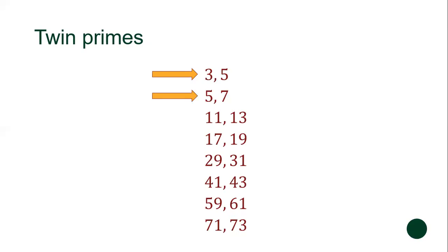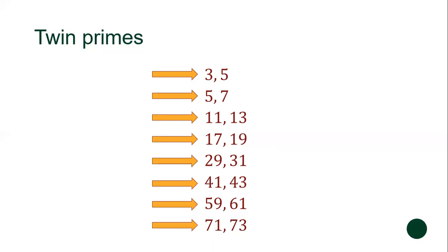Another one, 5 and 7. 5 and 7 are prime numbers, but they are also twin primes because their difference is 2. So 7 minus 5 is 2. Same thing goes for 11 and 13, 17 and 19, 29 and 31, 41 and 43, 59 and 61, and 71 and 73.